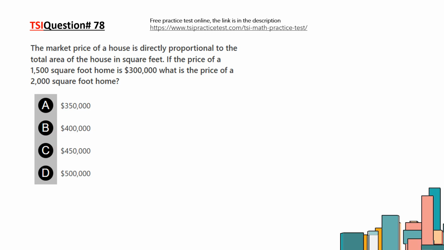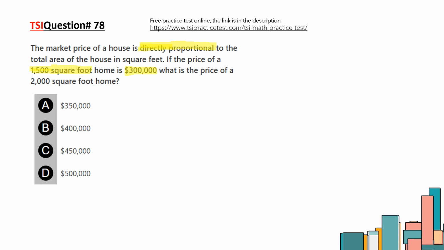So as we see, we have directly proportional, meaning if one value increases, the other value will increase. If it decreases, then the other will decrease. Okay, so the first thing is 1,500 square feet will be $300,000.